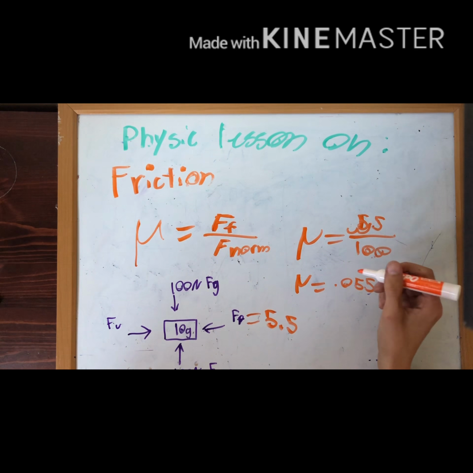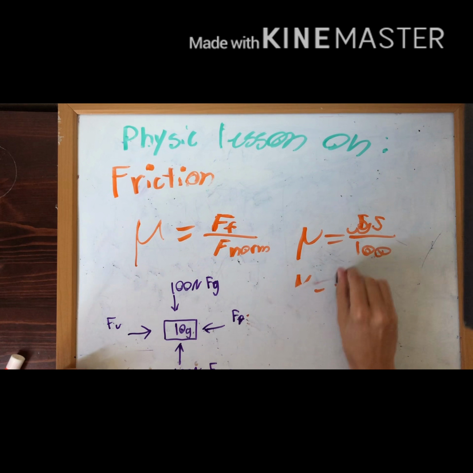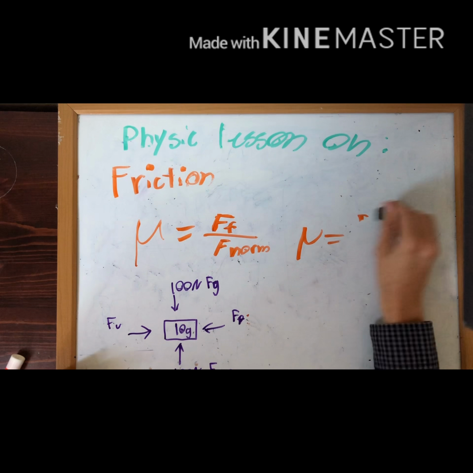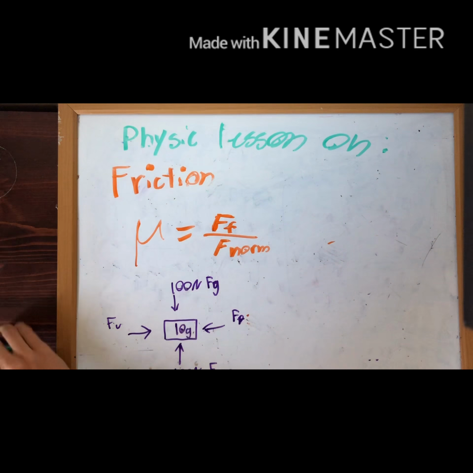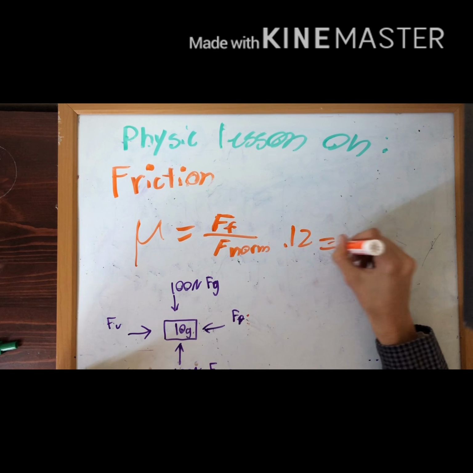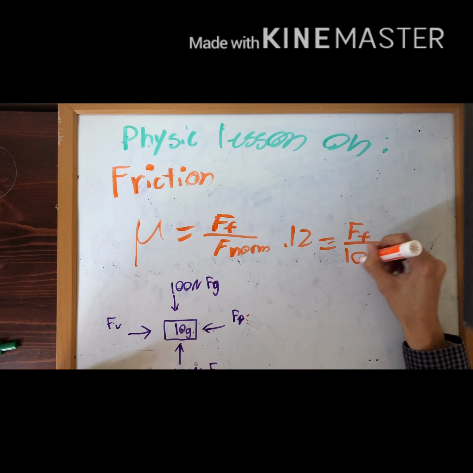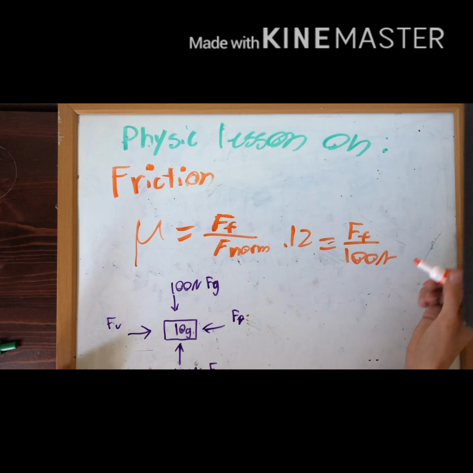Easy. Now you can also work backwards using algebra. Let's say that our coefficient of friction equals, no, not 1.2, 0.12. So 0.12 equals the force of friction over 100 newtons, and we're trying to find the force of friction.